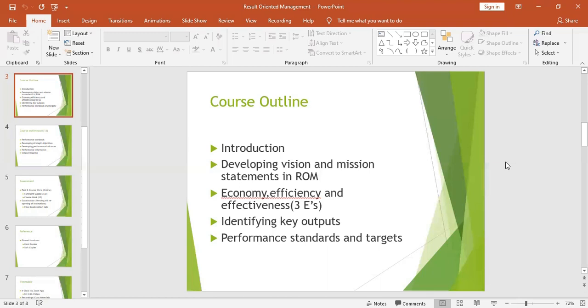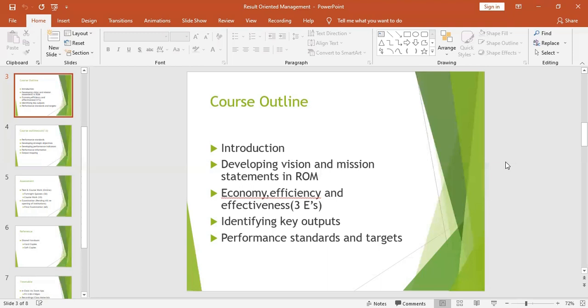The first manager makes things happen. The second manager watches things as they happen. And the third manager doesn't even know what is happening. So with ROM, we shall always be looking at those managers who make things happen. So what is ROM?